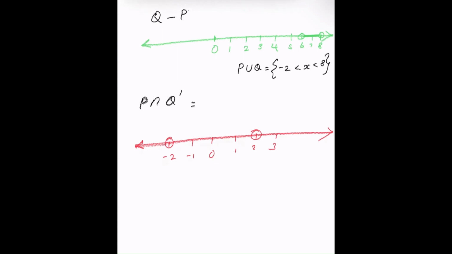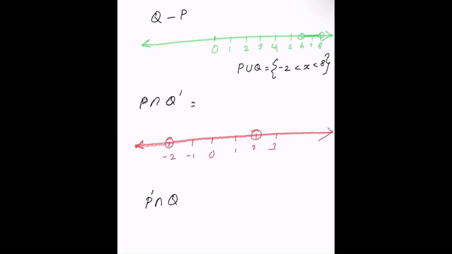P dash intersection Q. See, when I said dash, it is complement. So P dash is you are checking the complement with the universal set. And again, as I told you, consider P union Q as the universal set. Now, -2 less than x less than 8 is your universal set.